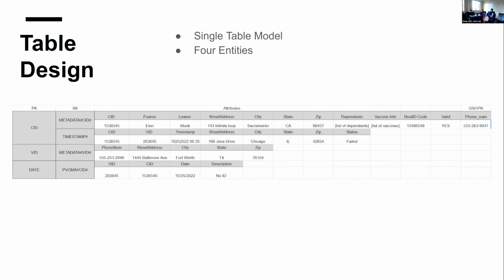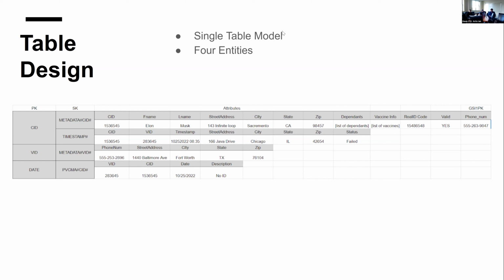And so from our index schema and our ERD, we went into the table design for DynamoDB. And in this case, we use a single table design. So all of our entities are stored in one table, which is not normal to a relational database where there's multiple tables for a given entity.